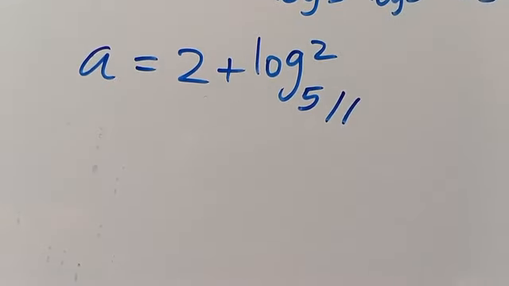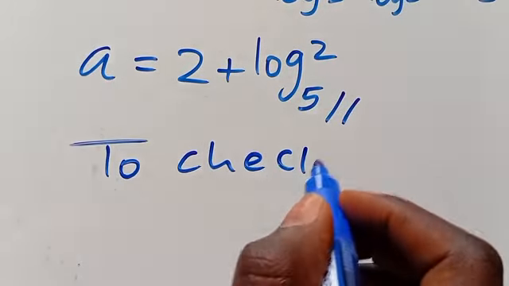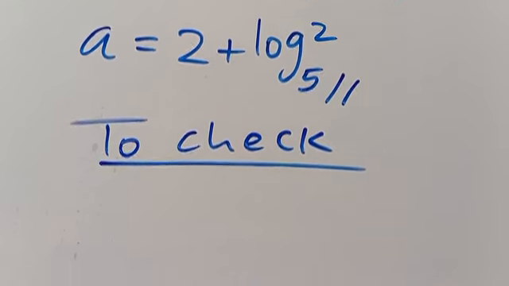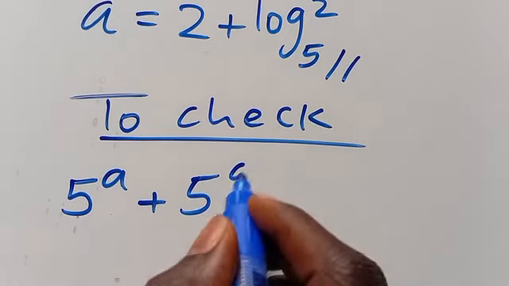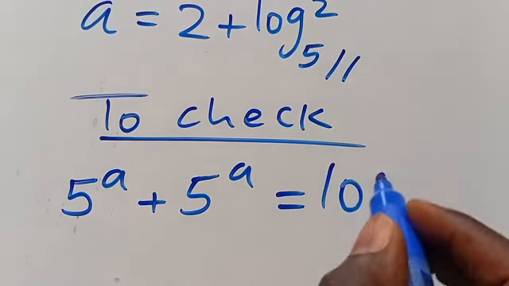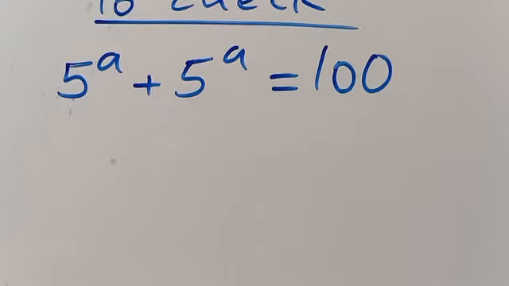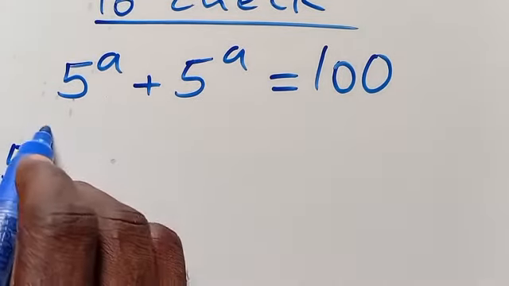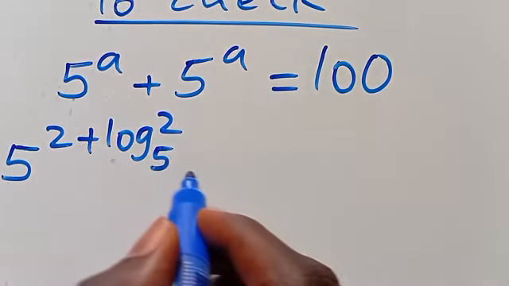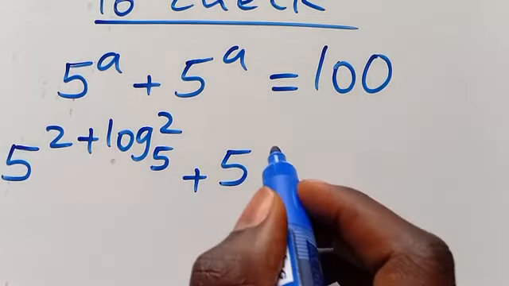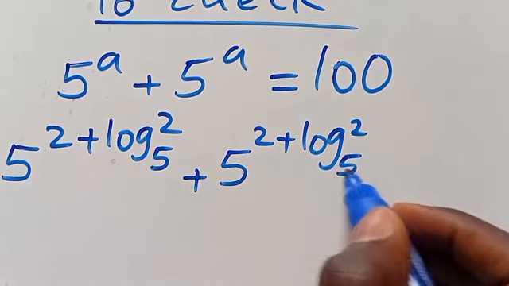To check, we have 5 to the power of a plus 5 to the power of a equals 100. Then our a equals this. So we are going to have 5 to the power of 2 plus log 2 in base 5 plus 5 to the power of 2 plus log 2 in base 5.